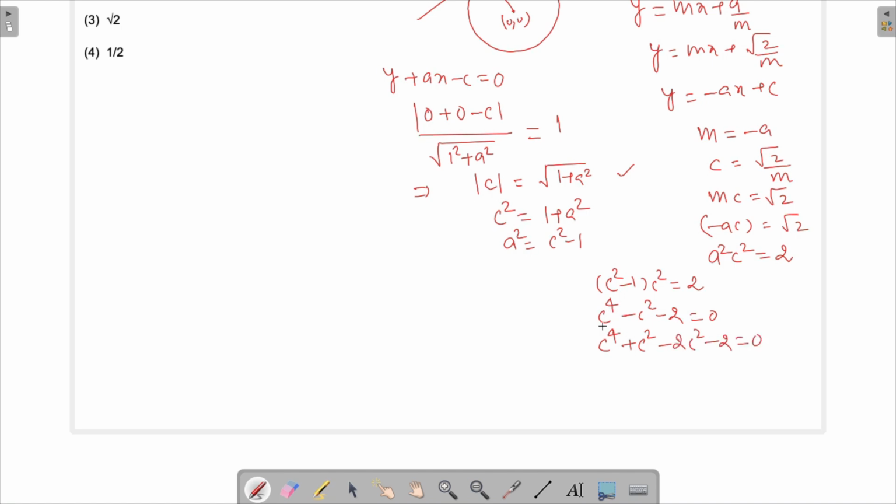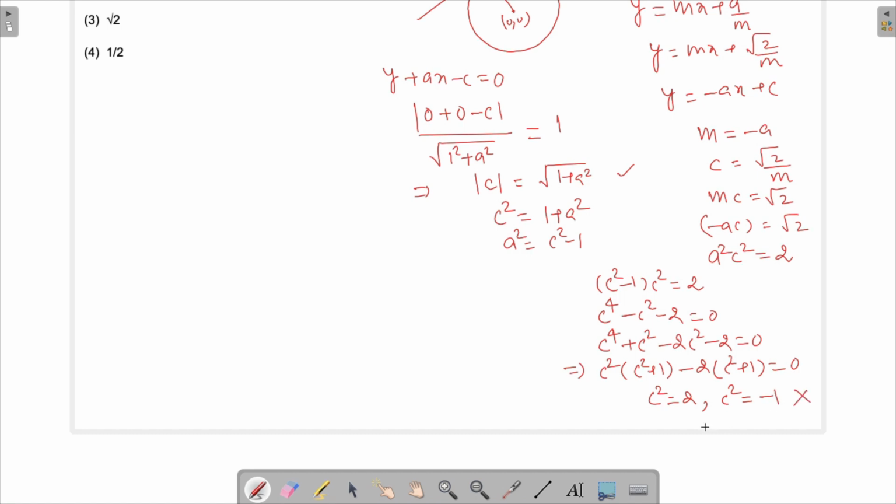I took c square as basically x, and treated it as a quadratic. Now I can take c square common, so this will become c square plus 1. If I take 2 common, then this will become c square plus 1 equals to 0. Then c square will be either equal to 2 or c square will be equal to minus 1.